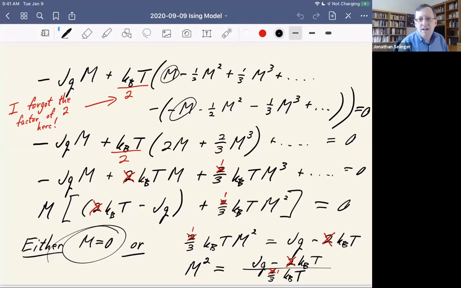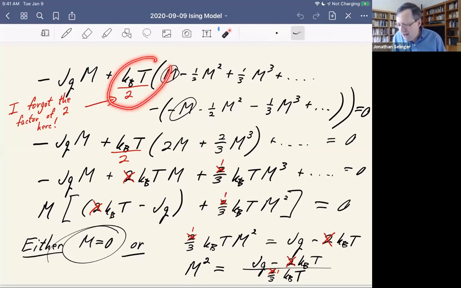Here, I'll just share the iPad with you. You see this, right? This was my whiteboard from Wednesday, and you could see that when I copied things from one page to another, I just forgot the factor of 2 in the denominator there.